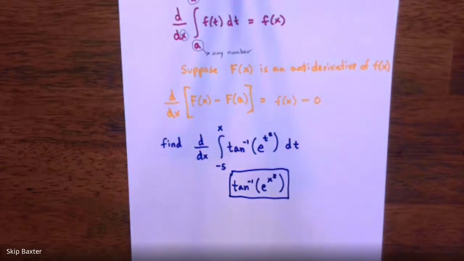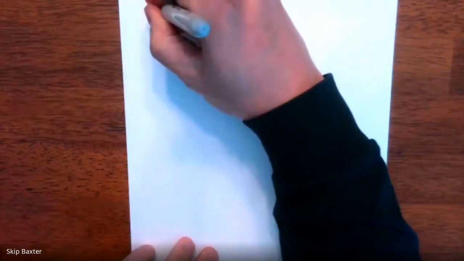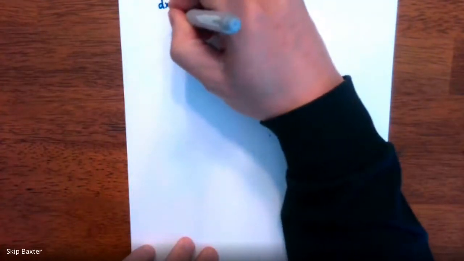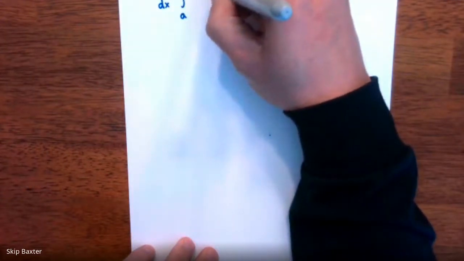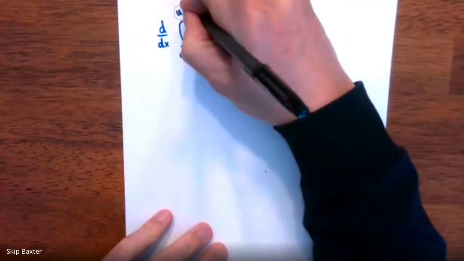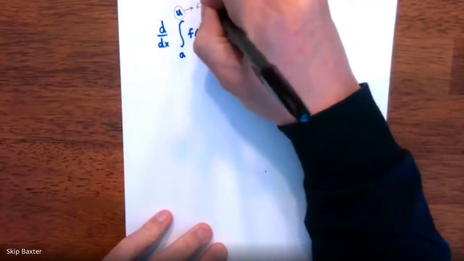Okay, super easy. Now, there are some variations. There's a chain rule version of FTC Part 2 that says if you take the derivative of the integral from a to u of f of t dt, in this case, the u is a function of x. Well, let's think about what this would be before I just tell you, okay?